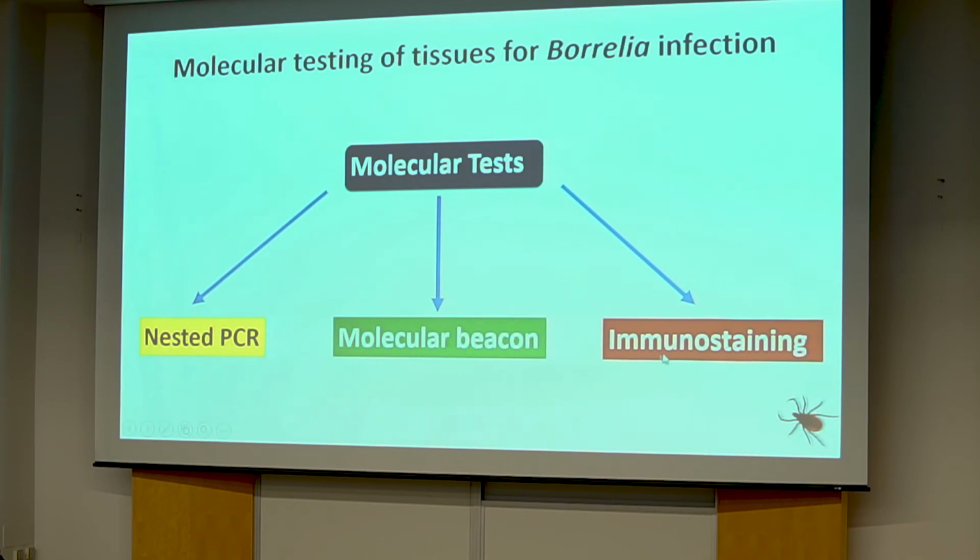Right now, in my project, I'm doing three tests for Borrelia: nested PCR, molecular beacon, and immunostaining. From the next couple of slides, I'll talk about these techniques one by one.